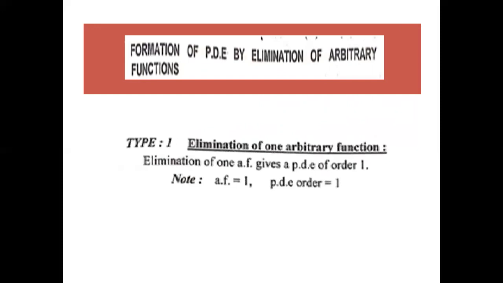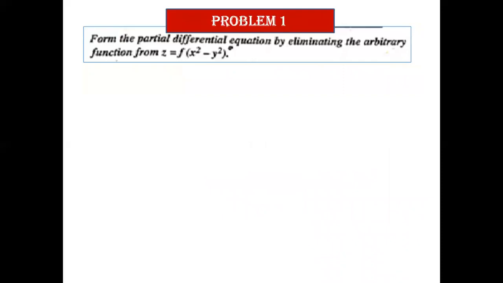How can you identify them? If the number of arbitrary functions is 1, the PDE is of order 1. This is called our type 1. The elimination of one arbitrary function gives the partial differential equation of order 1.